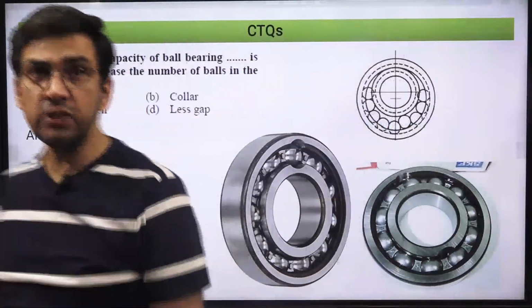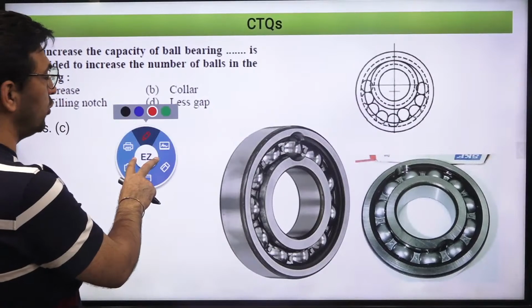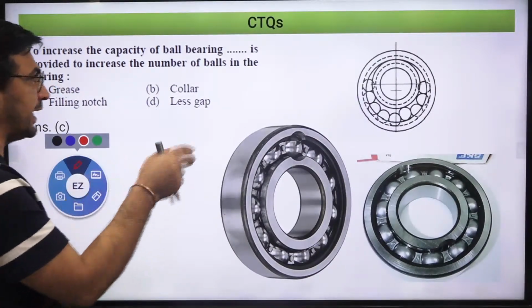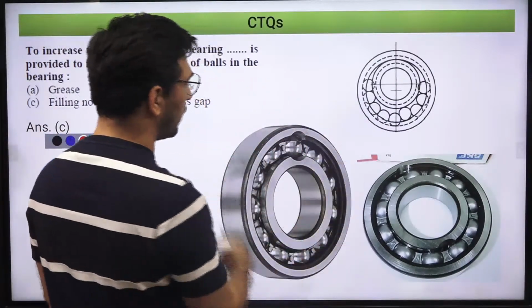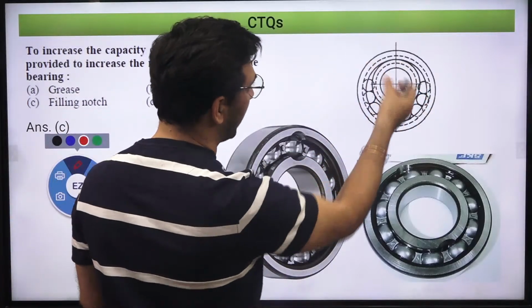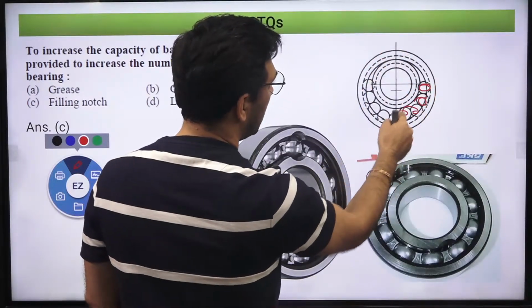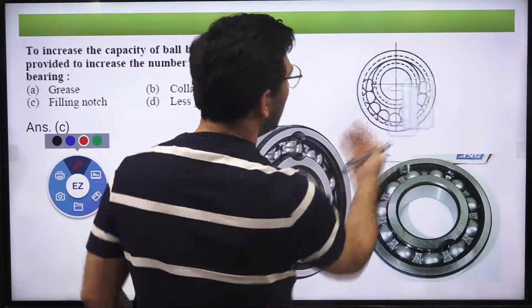Okay, in case of ball bearings, particularly, you have this situation: how you fill those balls inside the two races. For example, this is the outer race and inner race. This is how we fill it up. We shift the inner ring to one side and then fill with balls.